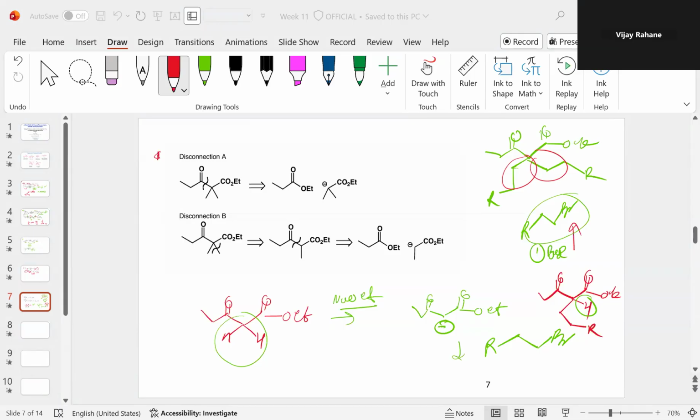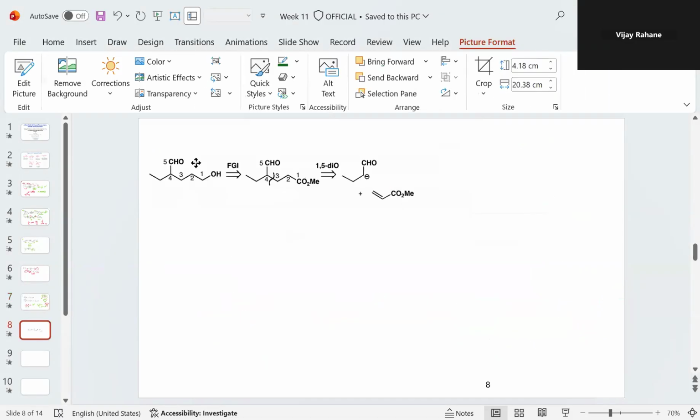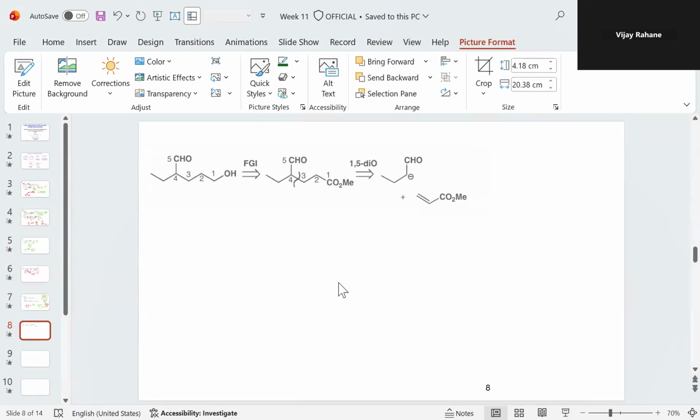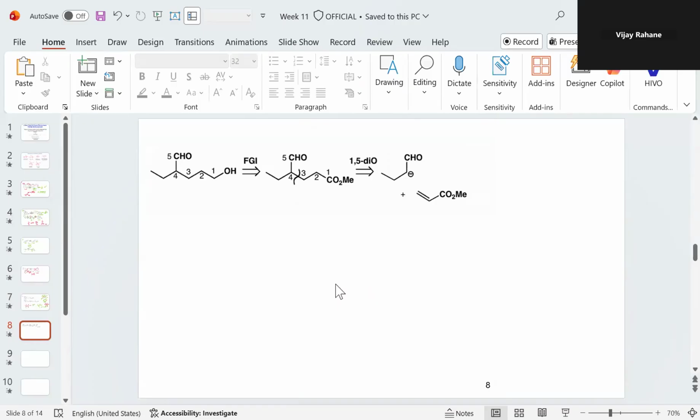Then another simple retrosynthesis example that I am going to mention is this one. You may see the structure is a little bigger, but synthesis-wise it's quite easy.